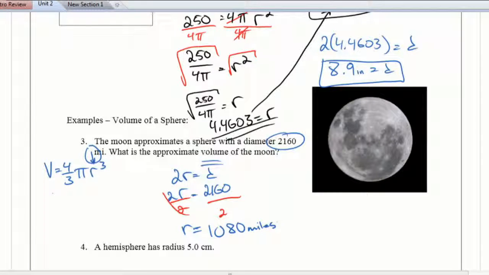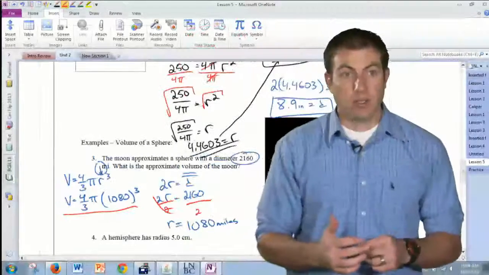Now from that, I can just plug it into the volume formula. 4/3 pi 1,080 cubed. Now this may be where this section perhaps gets a bit tricky, is figuring out how to do this calculation in your calculator. There's lots of different ways to do it.